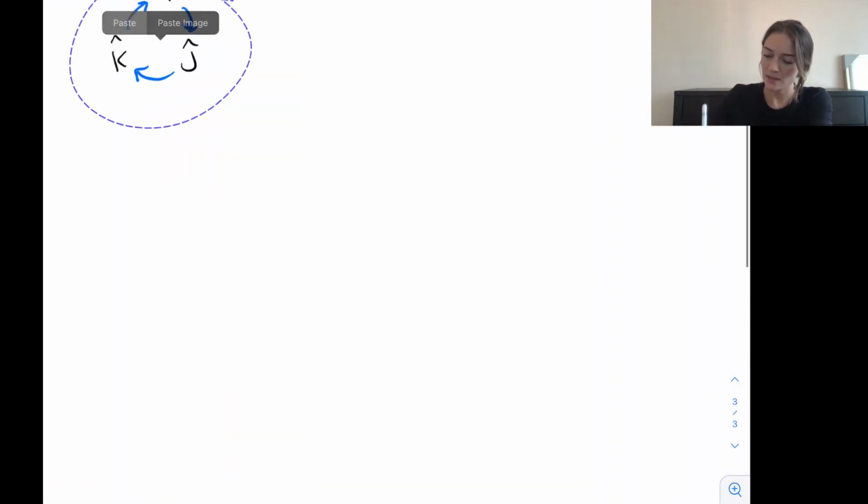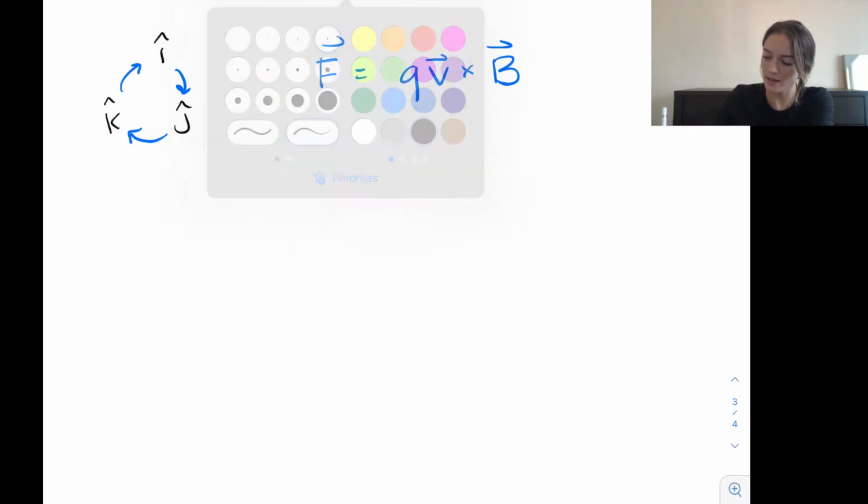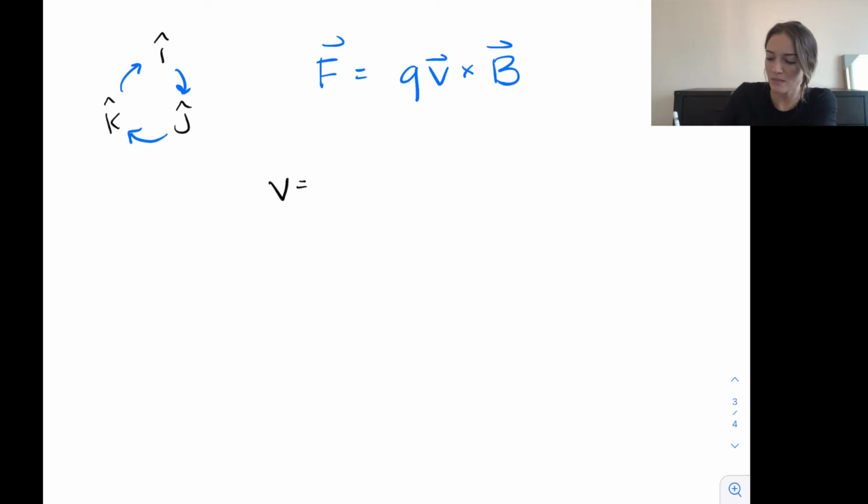So now let's say we had some problem where we're doing the Lorentz force law again. And let's say that in the problem our velocity is in the x hat and y hat direction.